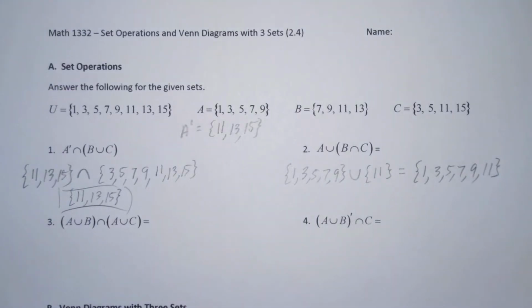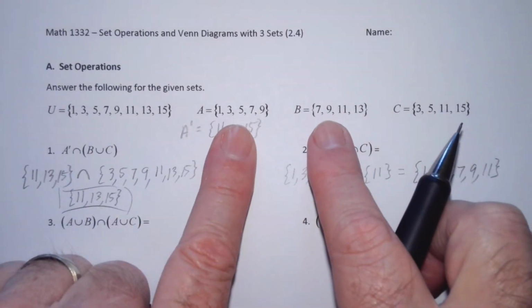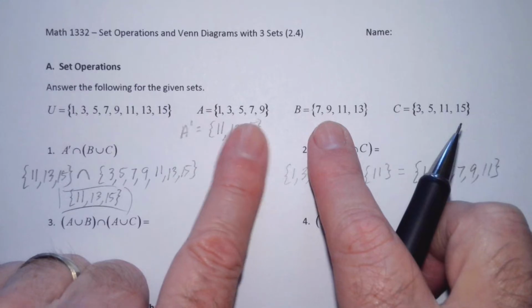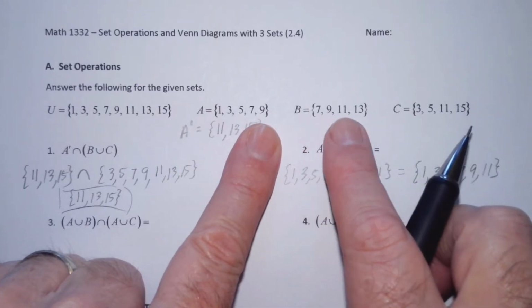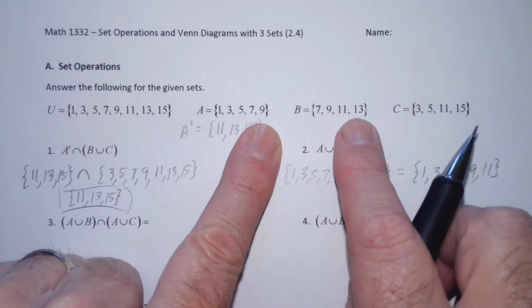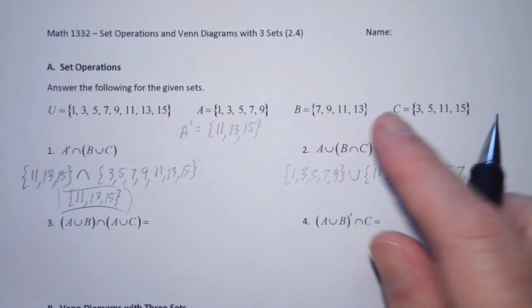All right, let's move on down. A union B. So if we combine the elements in these two sets, notice this has 1, 3, 5, 7, 9. 7, 9 are repeated here. We're going to need to add 11 and 13. So it's going to be 1, 3, 5, 7, 9, 11, 13.